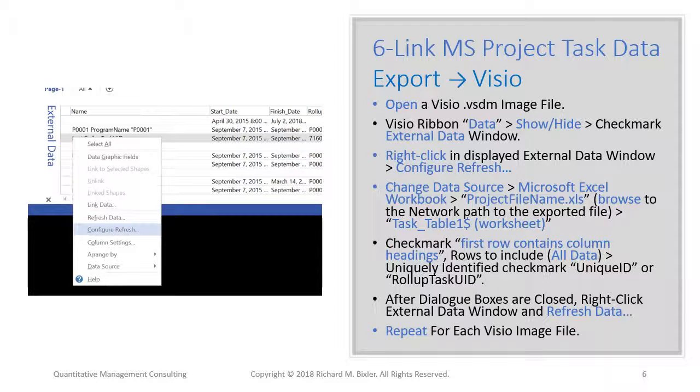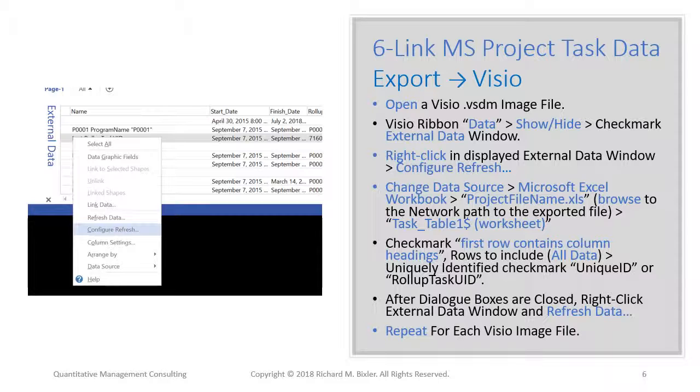Right-click in the displayed external data window and choose Configure Refresh. Click the button Change Data Source, then Microsoft Excel Workbook, and select or browse to the XLS export file. Remember the file is named after the MPP file from which it was exported.